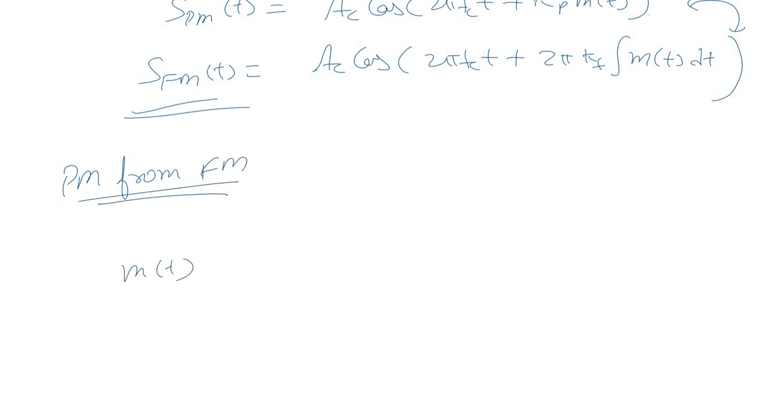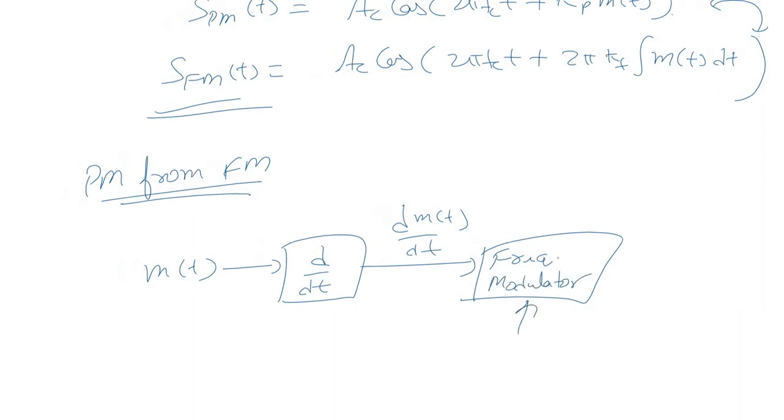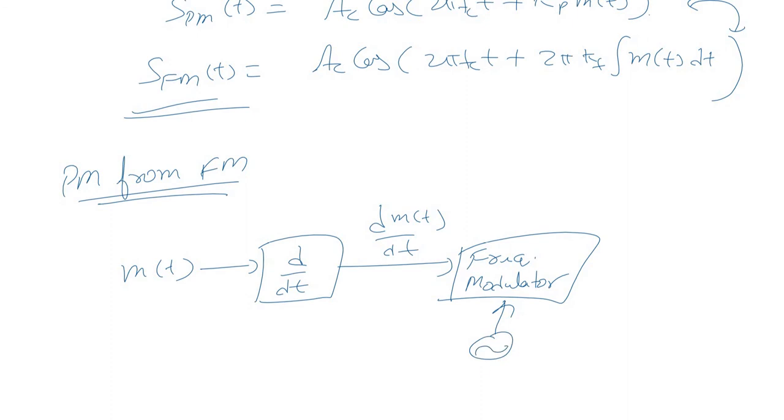Let us see how. We use the message signal MT and pass it through a differentiator d by dt. The resultant would be the derivative of the message signal. And further we pass it through a frequency modulator with some carrier frequency, AC cos 2 pi fct, and the resultant would be the phase modulated signal.